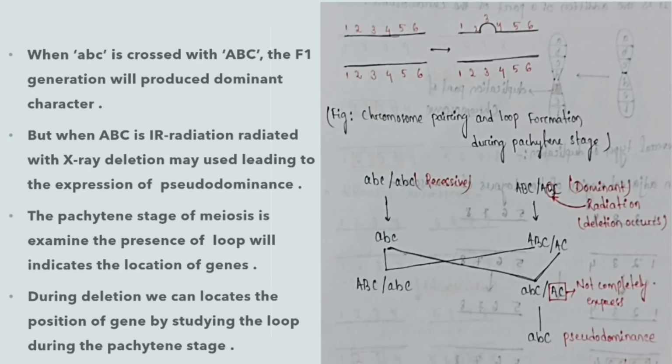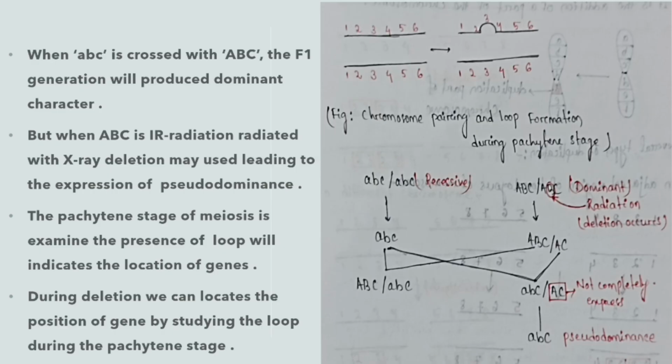Then this is the mechanism of how it occurs. When a gene with small a, small b, small c is crossed with a gene with capital A, capital B, capital C, the small a, small b, small c is the recessive part and the capital A, capital B, capital C is the dominant part. But due to radiation, the deletion occurs in the capital B region.